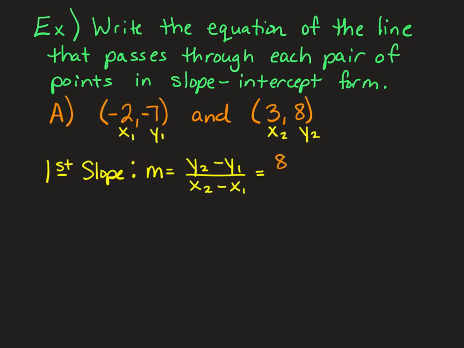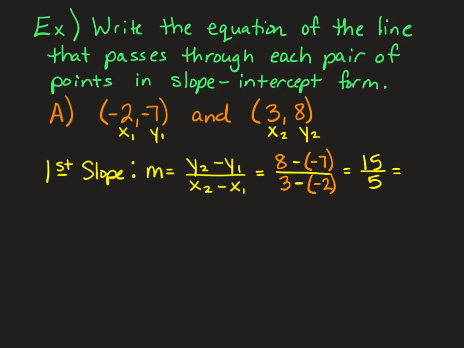y2 is 8 minus, from the formula, y1 is -7 divided by x2 is 3, then subtract in your formula, x1 is -2. 8 minus -7 is like 8 plus 7, which is 15. 3 minus -2 is like 3 plus 2, which is 5.